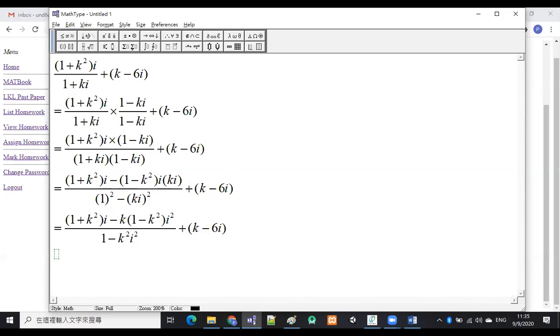When we see i squared, we change it to -1. So it is 1 plus k squared times i, but this -1 will be cancelled by this minus. Minus negative becomes plus k times 1 minus k squared. And then the denominator becomes 1 plus k squared, and then plus k minus 6i.